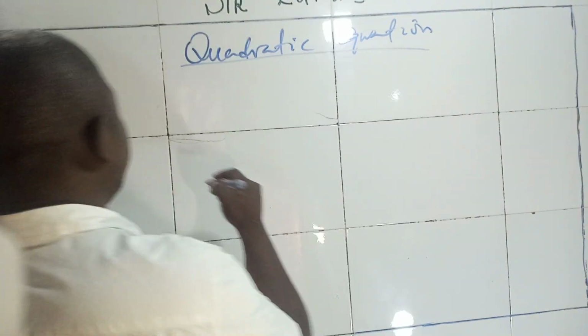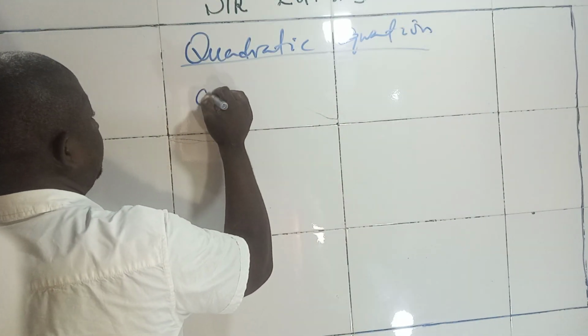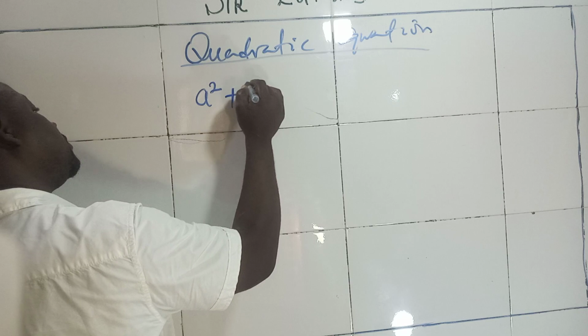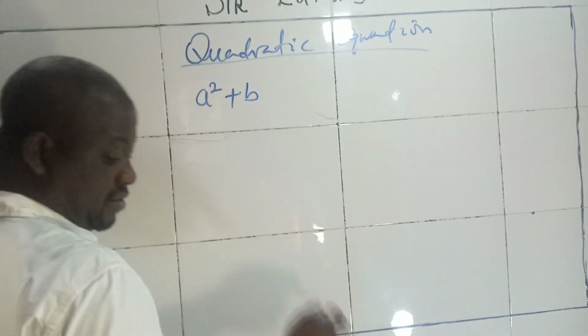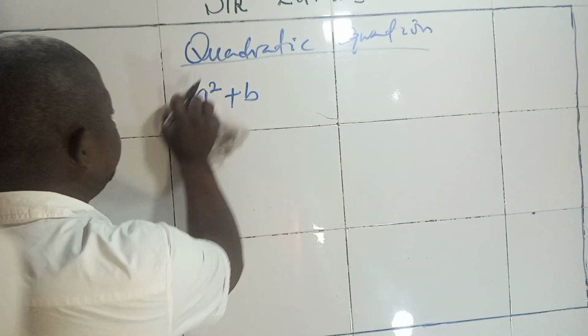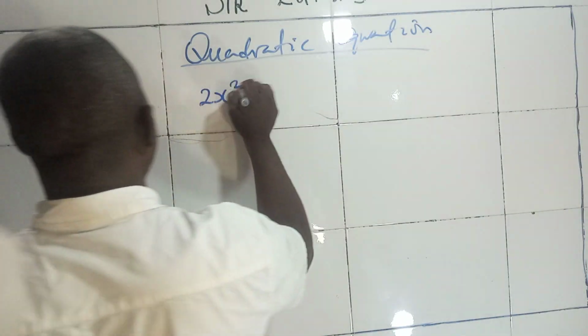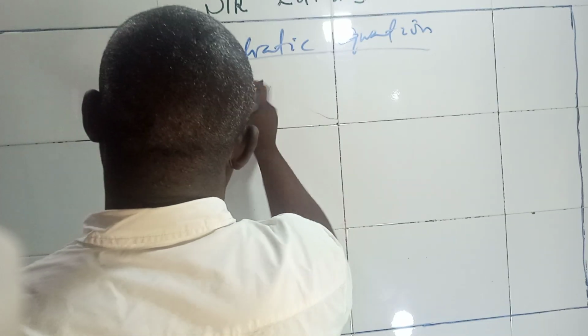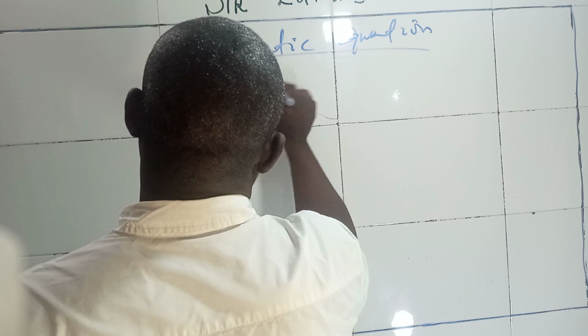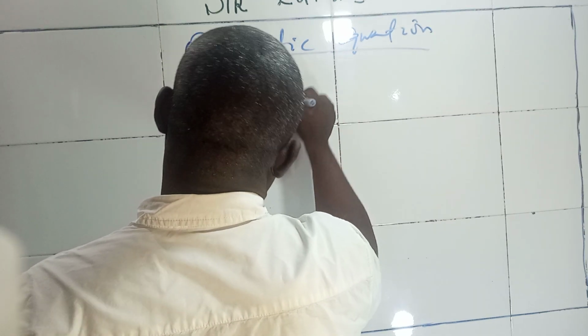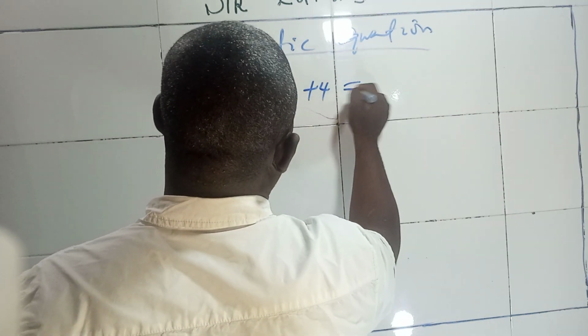For instance, if we have a squared plus, let me use something that is familiar to everybody. I'll just use an example. Let's say I have 2y squared minus 6y plus 4 is equal to 0.